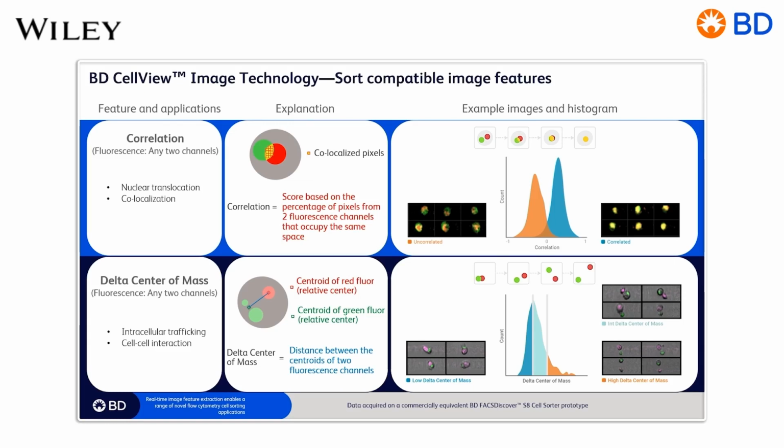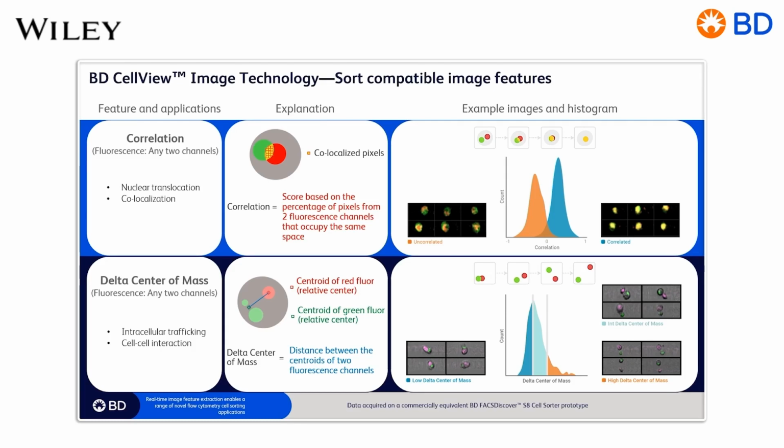As those two signals become more and more co-localized, or occupy the same space, that correlation value will go up. In the case on the right, this is a nuclear translocation assay. The images on the left, where you see green fluorescence and red fluorescence discretely occupying different parts of the cell, show a green cytoplasmic stain and a red nuclear stain.